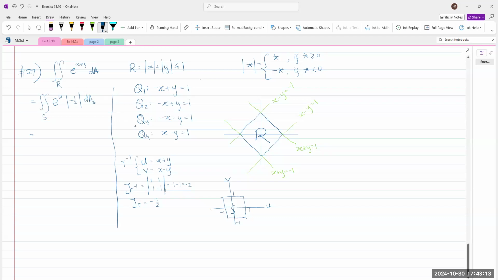Which is integral from negative 1 to 1, integral from negative 1 to 1. I pull the 1/2 out. e to the u d phi du.